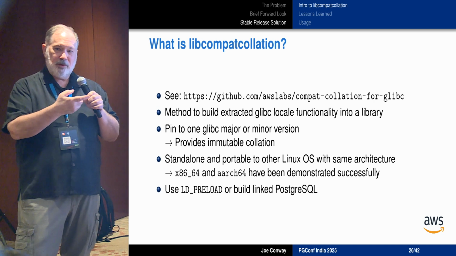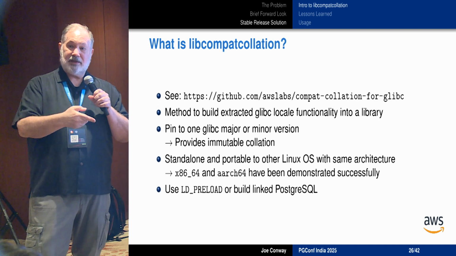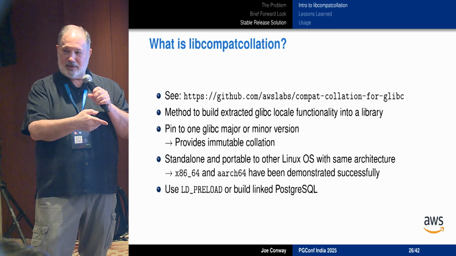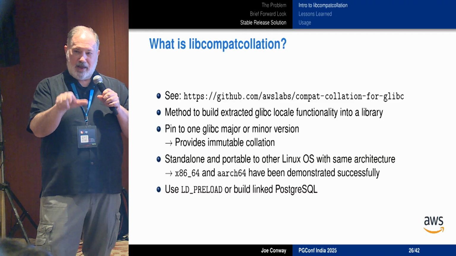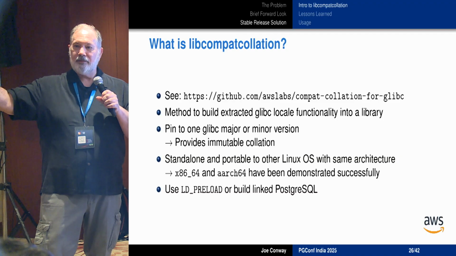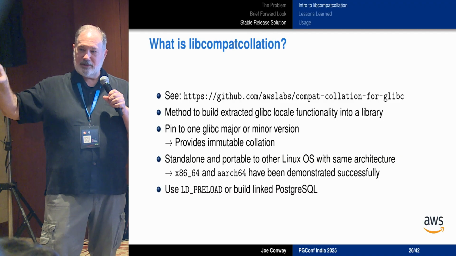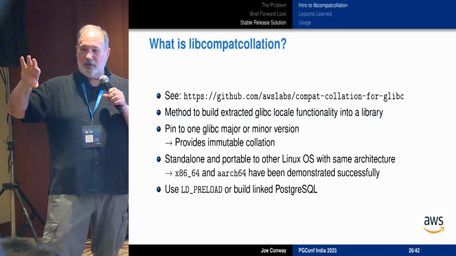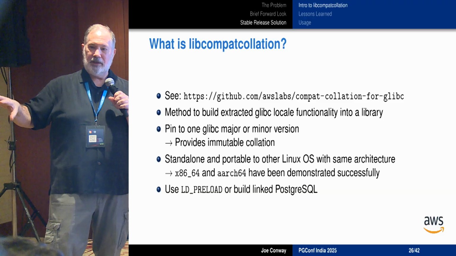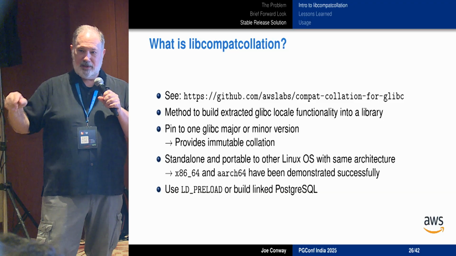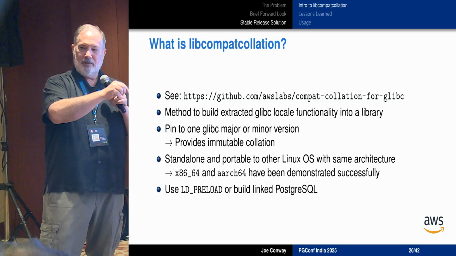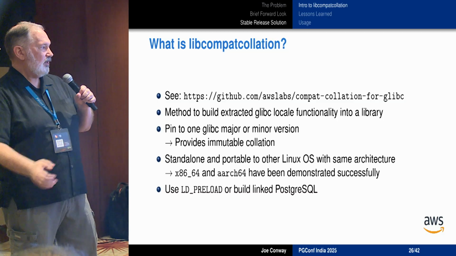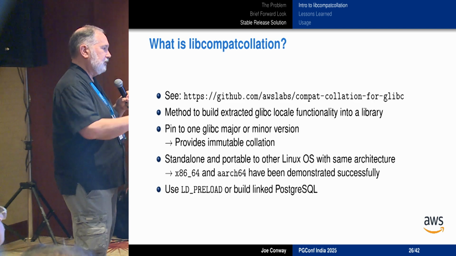The way you do this is you build the compatibility library on a RHEL 7 machine, based on glibc on RHEL 7, and then that RPM can be installed on RHEL 9. Then you build Postgres against that library, and it will use those locale routines, and therefore the glibc 2.17 collation semantics will get used even though you're on a RHEL 9 system. So that's kind of in a nutshell what this thing does.